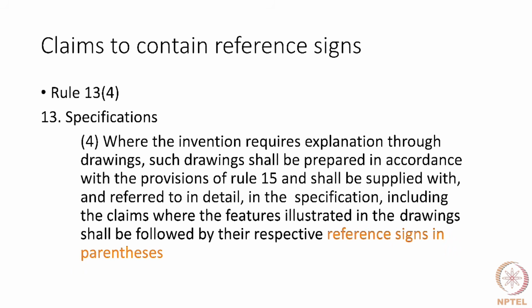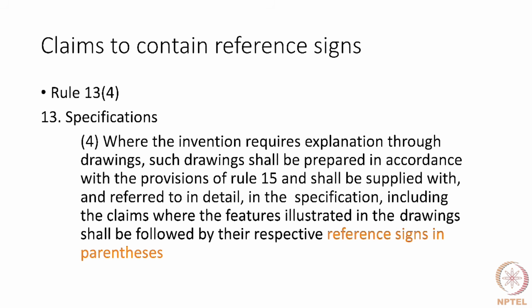Now, this is important because wherever you mention an element of your claim which you have marked in your drawing with a number, then the illustrated features in the drawing shall be followed by their respective reference number.